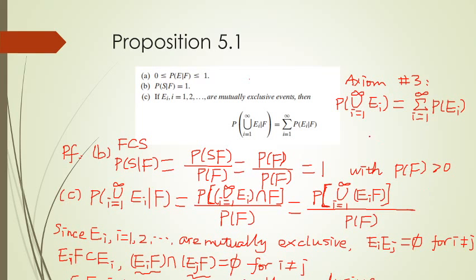So for section 5, the conditional probability is also a probability. That means they all satisfy those axioms. We write it as proposition 5.1. There are more examples in this section, which I think are more advanced, so we are going to skip all the examples in this section.